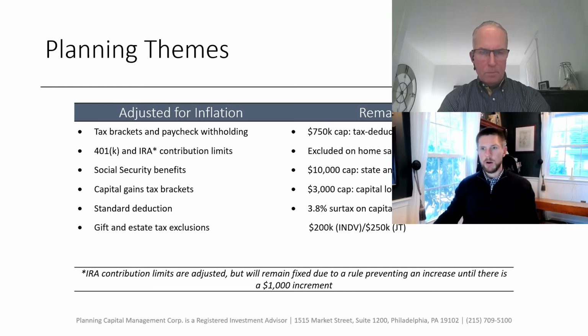The point is that all of the tax planning methods that we were using last year, it looks like they're still going to remain for this year. And I'm sure we'll talk about those further in other sessions and in one-on-one meetings.